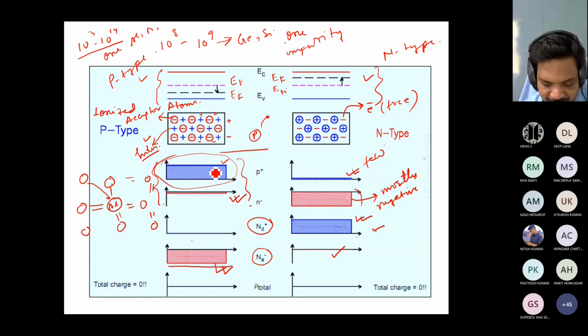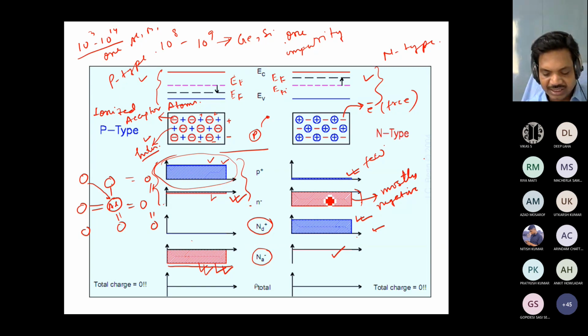So the total area of the holes must be equal to the total area of the electrons, due to the minority carriers from thermal generation, as well as the negatively ionized acceptor atoms. Holes are contributed by the acceptor atoms as well as the thermal generation, and the electrons by the thermal generation as well as the ionized acceptor atoms.